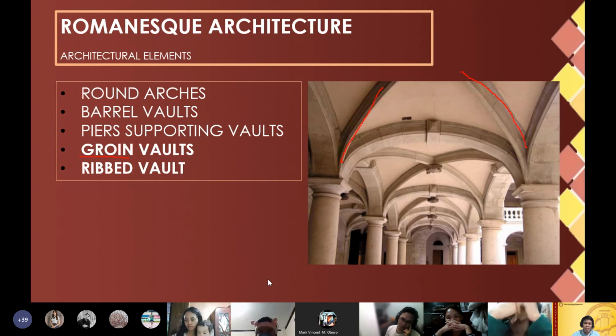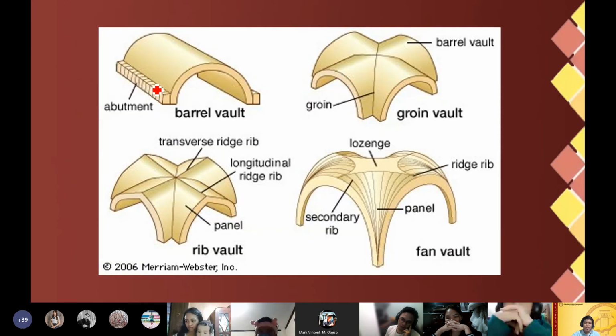So this is, say for example, here. This one really explains what's the difference between those bolts. So if you have a barrel bolt, of course it has no groin. It's just very elongated. You have an arc right here, and then it's elongated. In SketchUp, you draw an arc that you push-pull. So that's a barrel bolt, right?